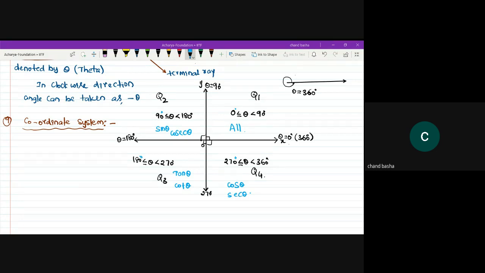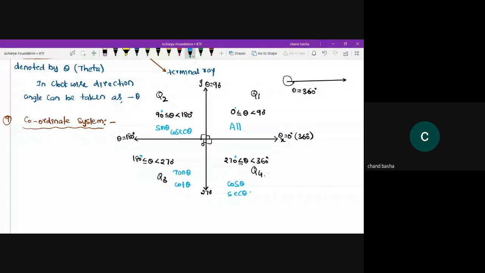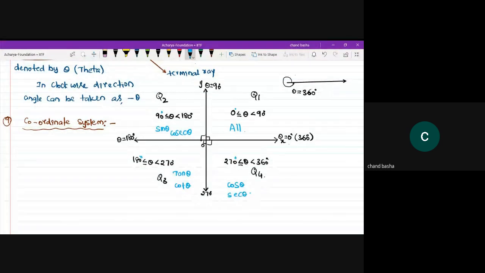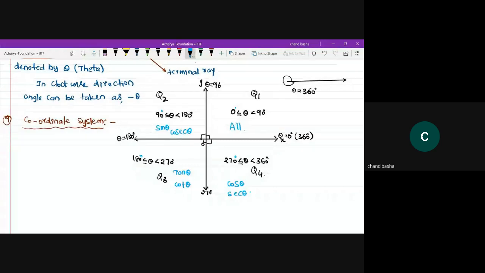The next point: how to remember these 6 ratios, in which quadrant they are allowed. That is All Silver Tea Cups.